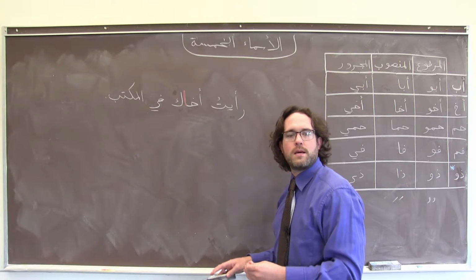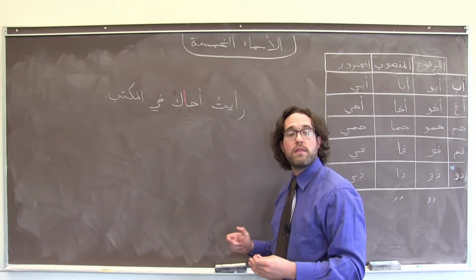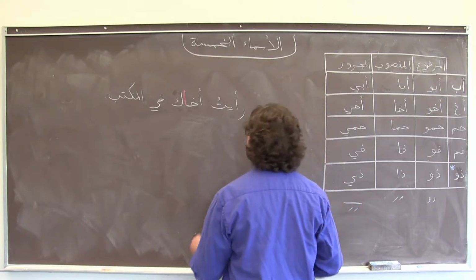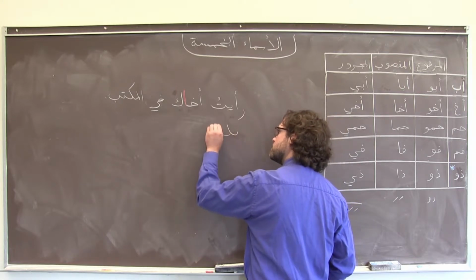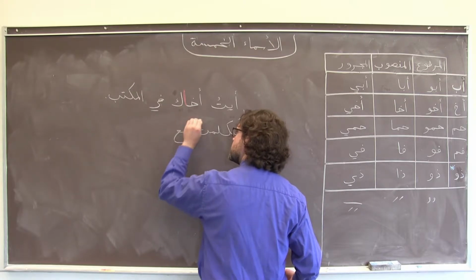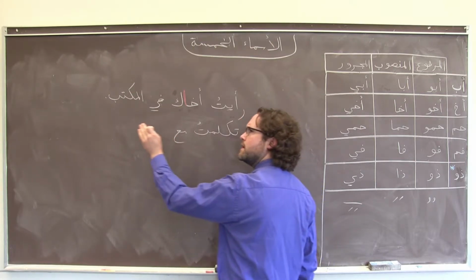Let's take another example. If I wanted to say, I spoke with his father, I could do it this way. تكلمت مع, I spoke with his father.